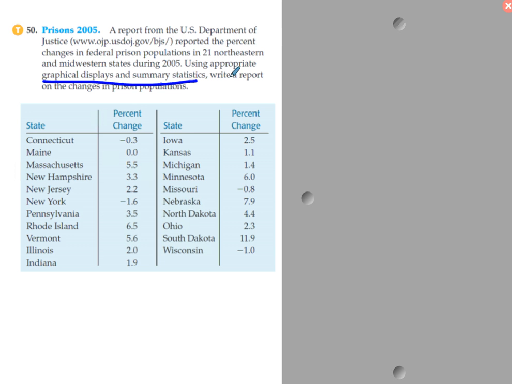I mean, we go from negative 0.16 to 11.9. If we're doing a dot plot, I think we'd have to be dealing with every number, by tenths, between negative 1.6 to 11.9. So that would be really kind of a cumbersome thing.